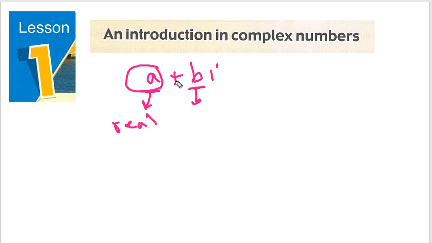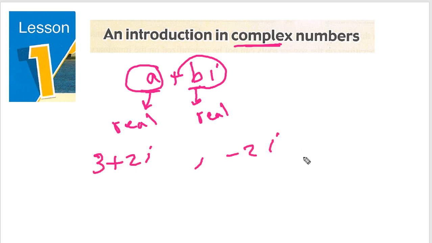This is called the real part, and this is called the imaginary part. Then any complex number you can write like 3 plus 2i, or negative 2i, or 5, or 7i. Any one of these numbers is called a complex number.